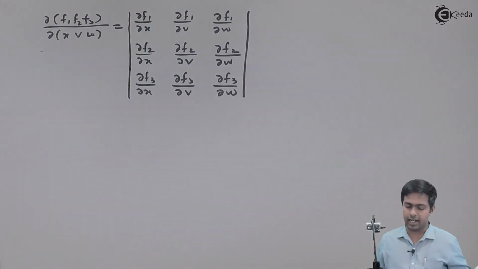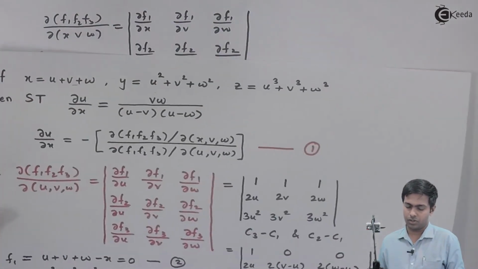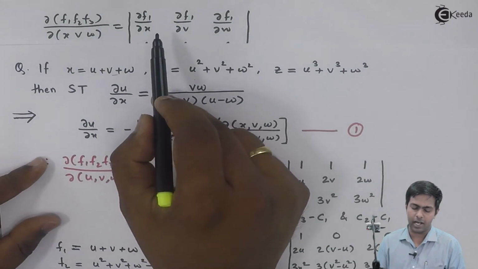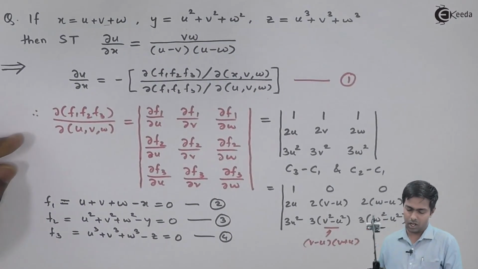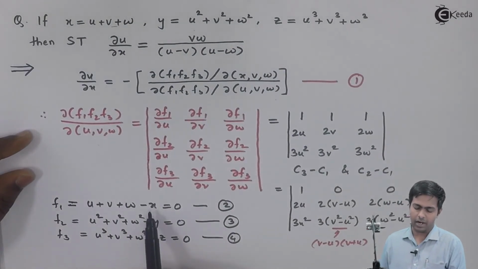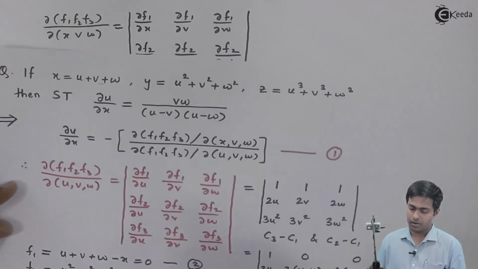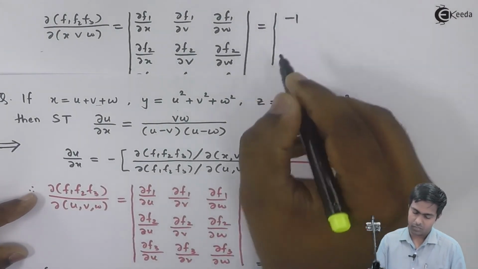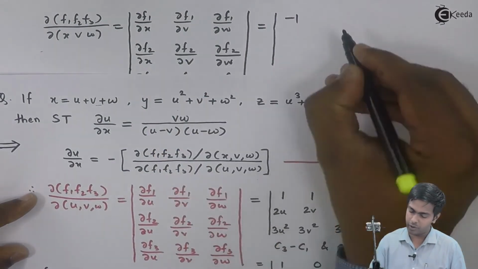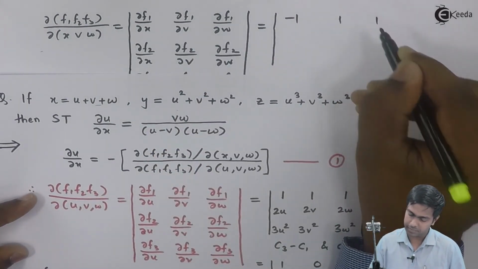So let's get the value of these terms. To get the first row, I'll partially differentiate f1 with respect to x, v and w. Now this is the function. So after partially differentiating with respect to x, we'll get minus 1 here at the first position, with respect to v and w we'll get 1 and 1.